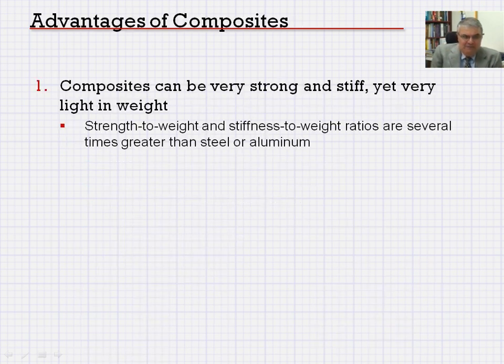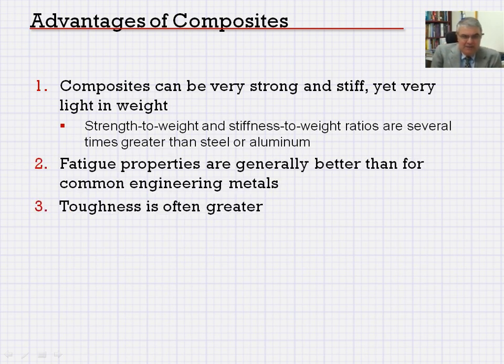So what are some of the advantages of composites, or what makes composite material attractive? First of all, they can be very strong and stiff, and it is very important for composite material to be lightweight, because of certain applications. For example, in the airplane or defense industry, we want to minimize fuel consumption because it costs industry money, and yet we don't want to sacrifice the strength of what we build.